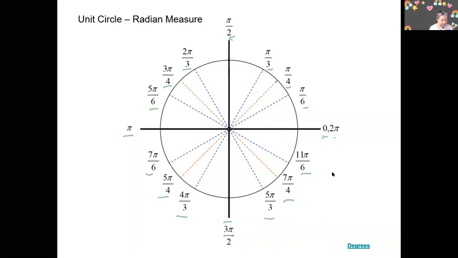So all these points are very, very crucial. I need you guys to practice on blank paper, and you can construct all of these crucial points on the unit circle by yourself in your own time, right? So that you can get familiar with the positions and angle measures.